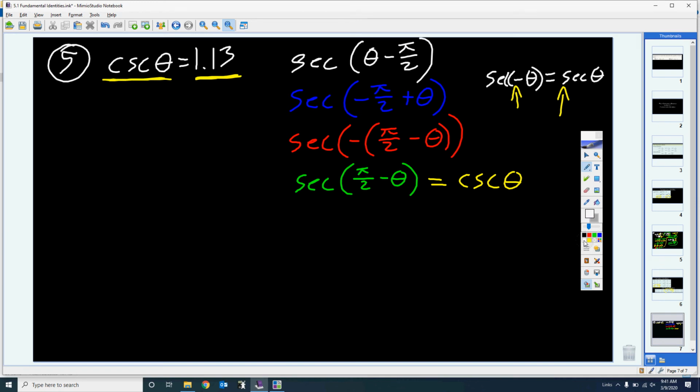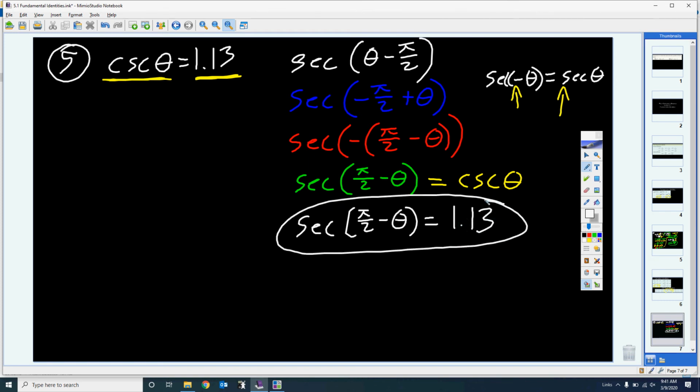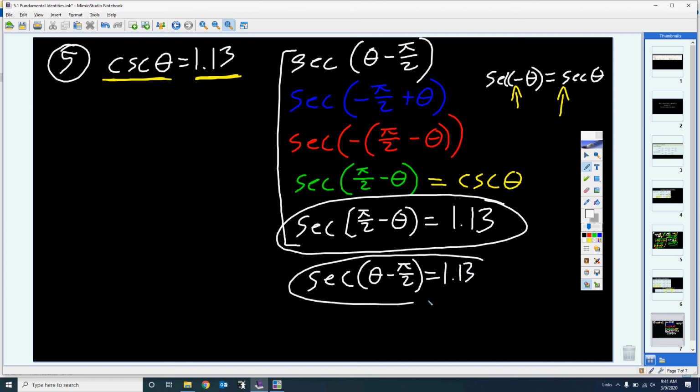So I'm going to substitute and say secant of pi over 2 minus theta equals 1.13. And they asked me to find secant of theta minus pi over 2. I changed this, so all of these are equivalent. So I can write secant of theta minus pi over 2 equals 1.13. I should have circled that one instead of that one. Sorry.